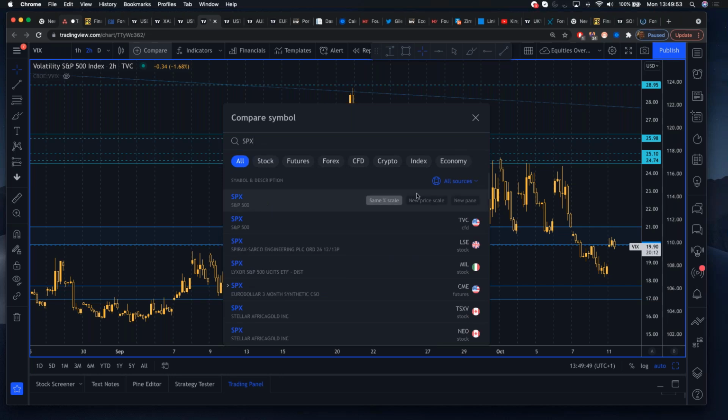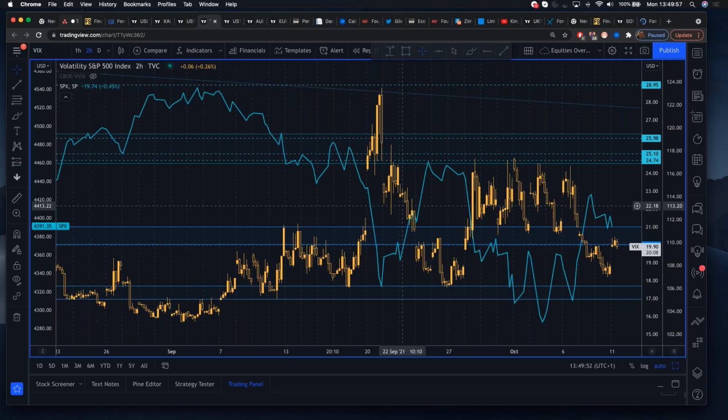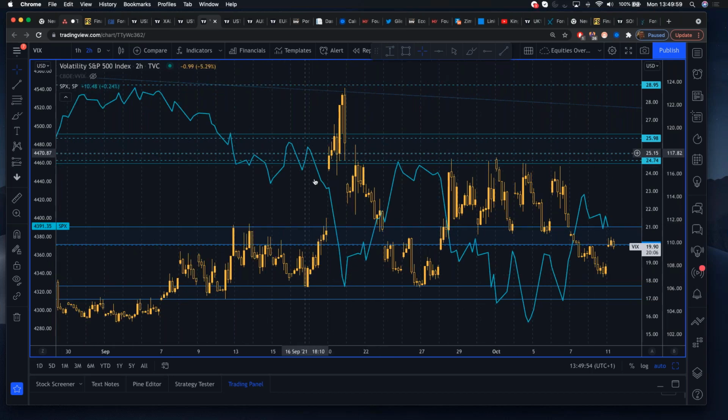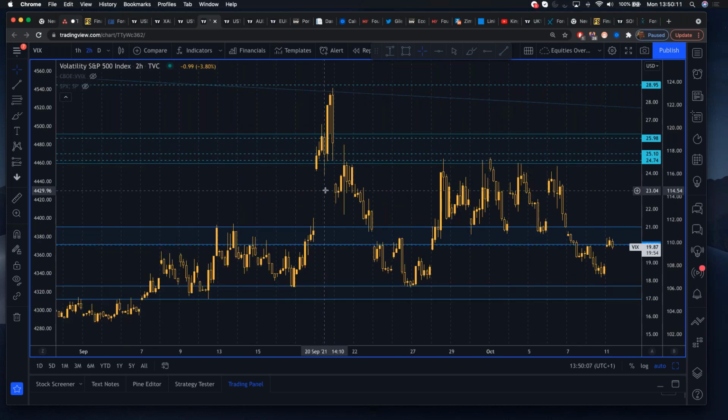You'll see here, look, as the VIX rises, US stocks fall. Rising VIX, falling stocks. Falling VIX, rising stocks. So use the VIX as a proxy for risk. If the VIX rises higher and closes above that 21 level, expect more downside in stocks.